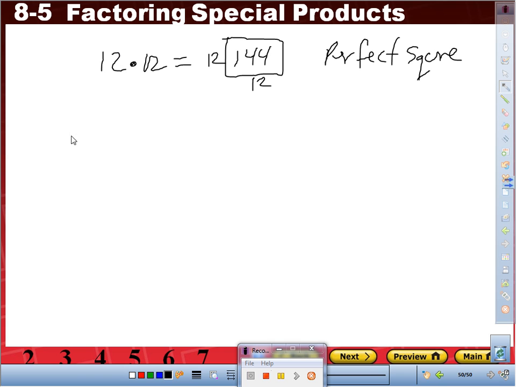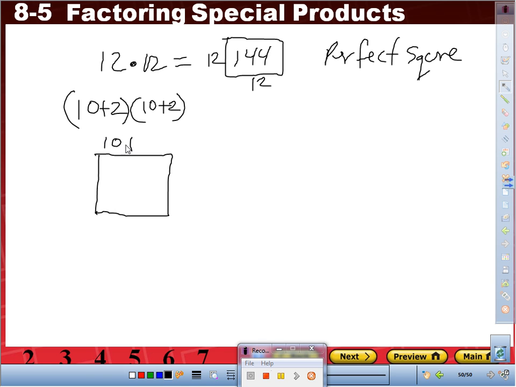However, check this out. I can rewrite 12 as 10 plus 2 times 10 plus 2. Do you agree with that? Yes, 12 is the same as 10 plus 2, and 12 is the same as 10 plus 2. Now check this out. If I was to use the area model, kind of like I did here, it's going to look like this: 10 plus 2 times 10 plus 2.